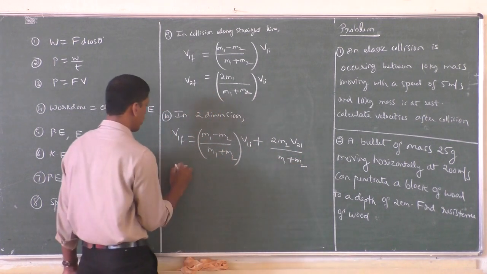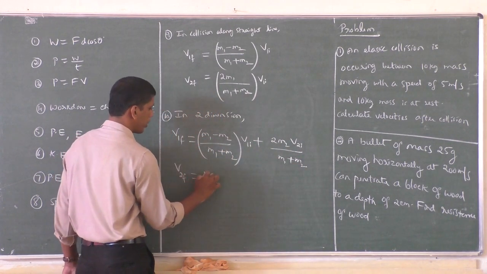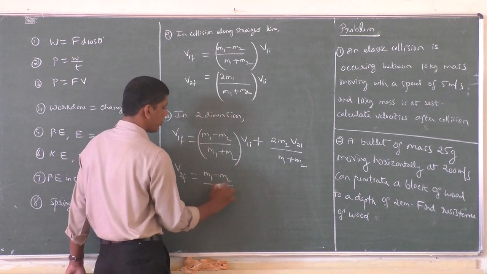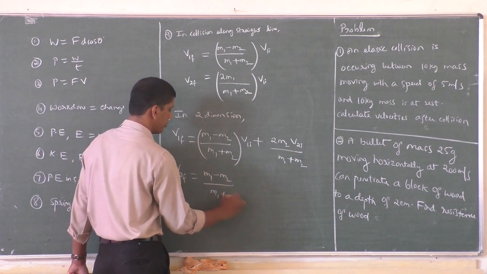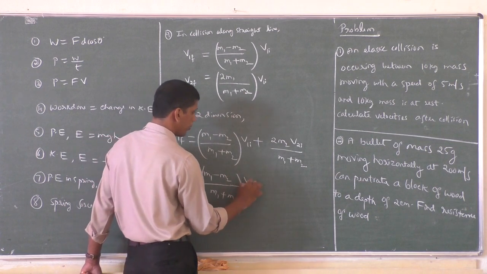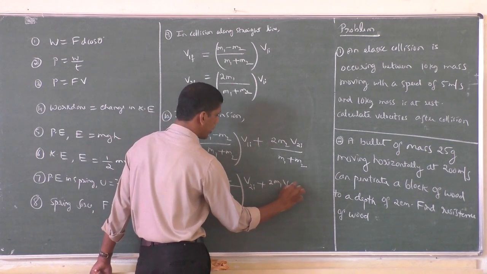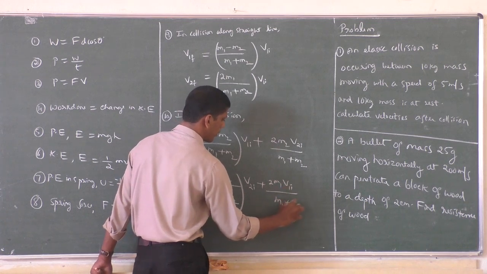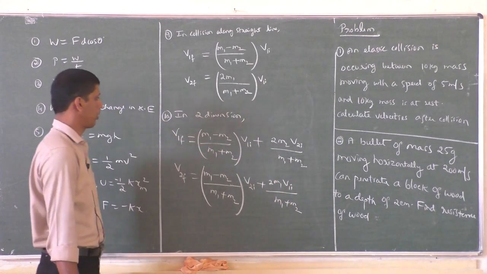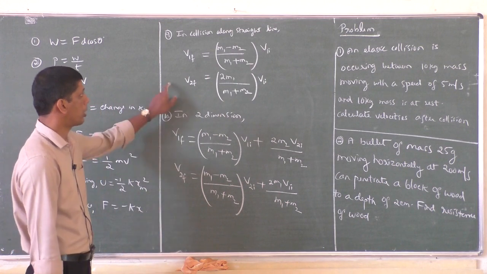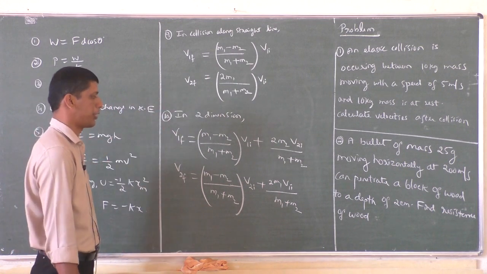This is one formula. And the second one, V2F, is equal to m1 minus m2 by m1 plus m2 into V2I plus 2 times m1 V1I divided by m1 plus m2. So these are the two formulas, one along a straight line and the other in two dimensions.